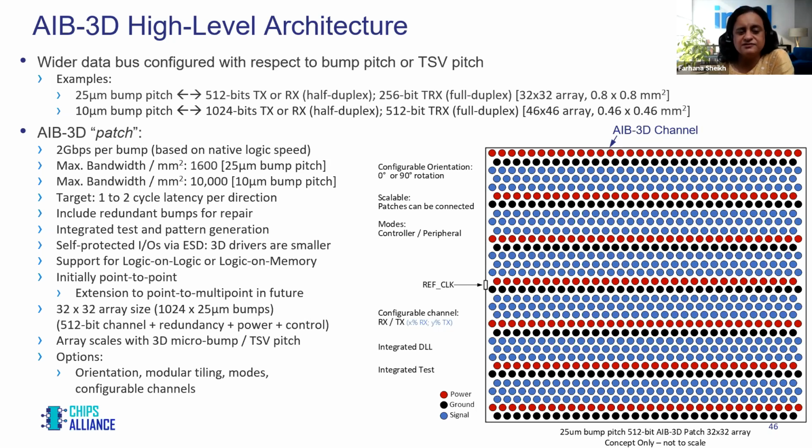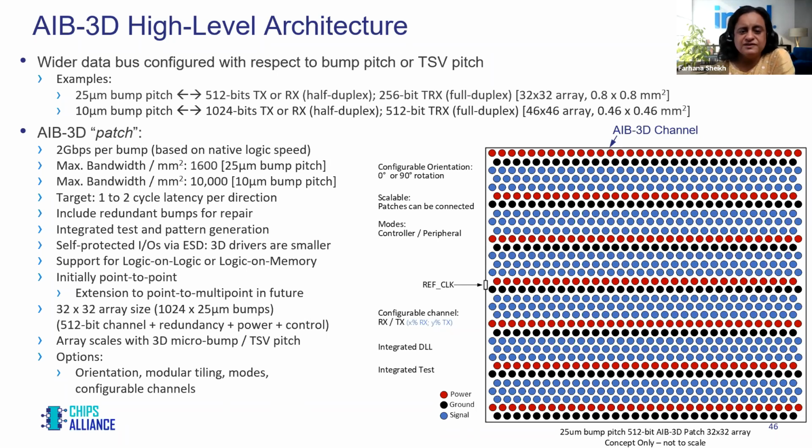So if we decide to target 25 micron bump pitch, which is quite viable today, we can have a 32 by 32 array in about 1 millimeter squared, which would support 512 bits TX or RX in half duplex mode and 256-bit full duplex mode. And allowing for 2 gigabits per second per bump. And this supports a max bandwidth of 1600 signals.